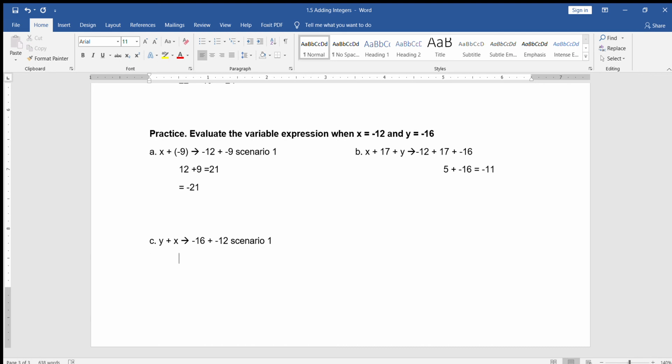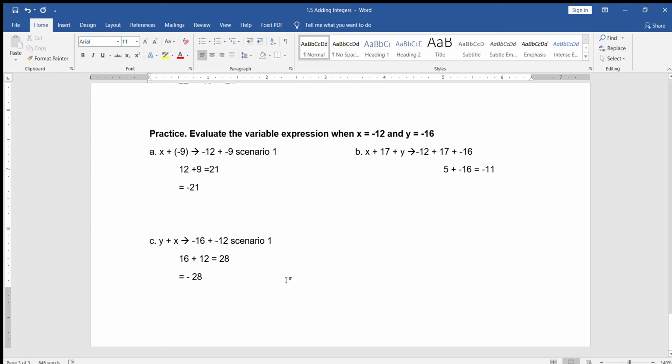What do we do when we have scenario 1? We're just going to add the absolute value of both numbers. In this case 16 plus 12, which is 28. And what is the sign of our answer going to be? Negative, because both 16 and 12 are negative. So our answer should be negative 28.